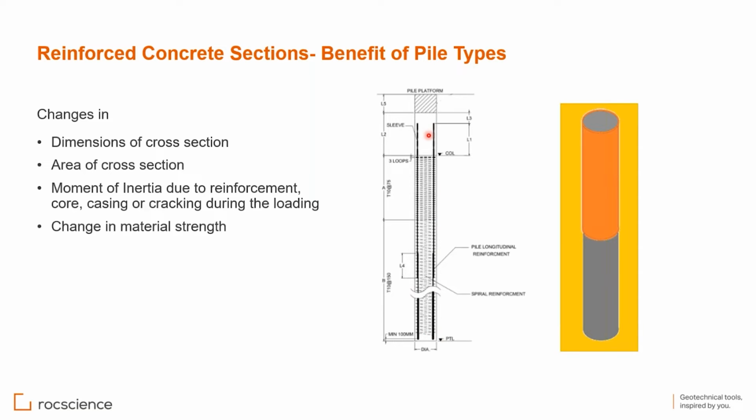So the pile type defines the pile's segments for you. For example, in this segment you have a permanent casing, and the bottom segment has no casing. So you can define your pile type in this way. After you define your pile types, you can choose the pile type you want for the pile in question.